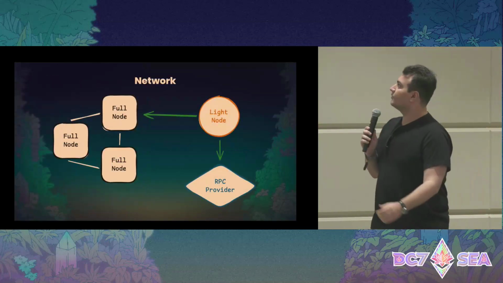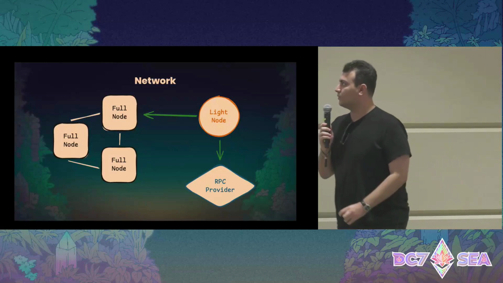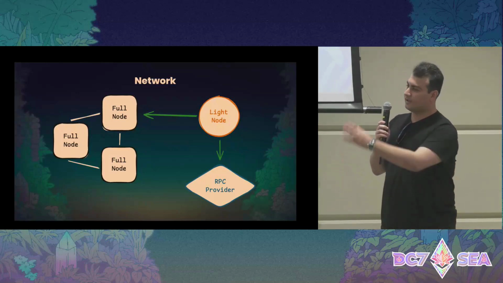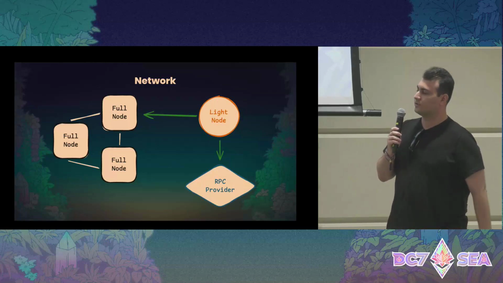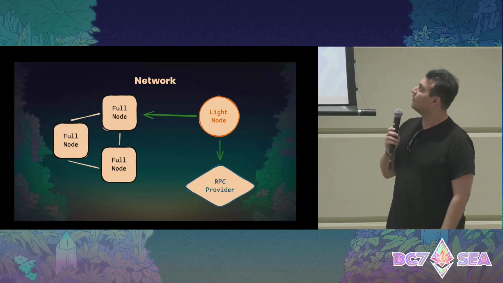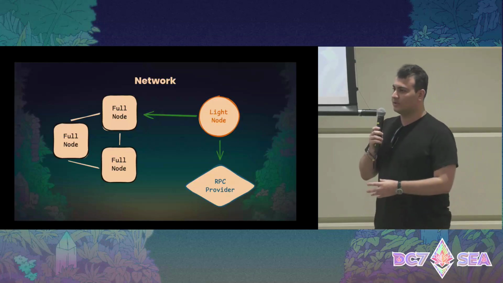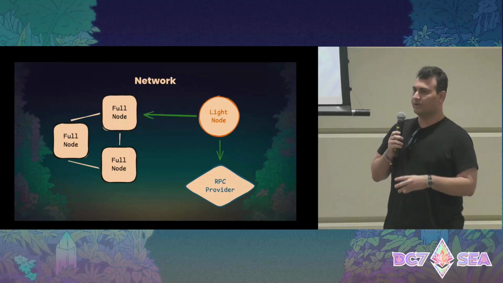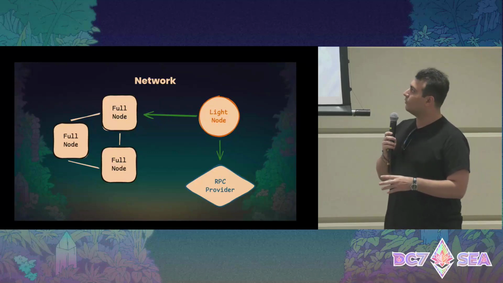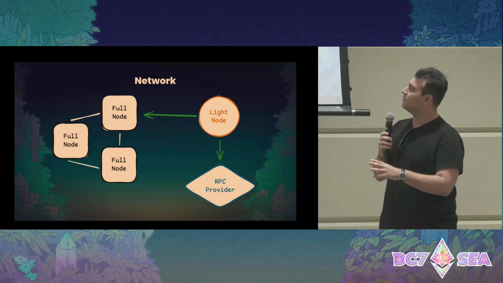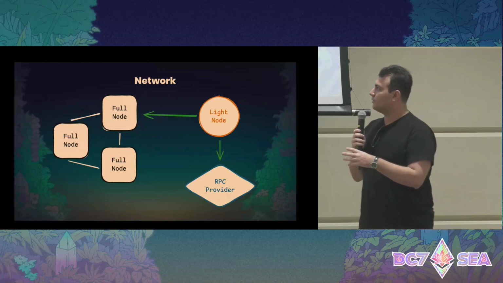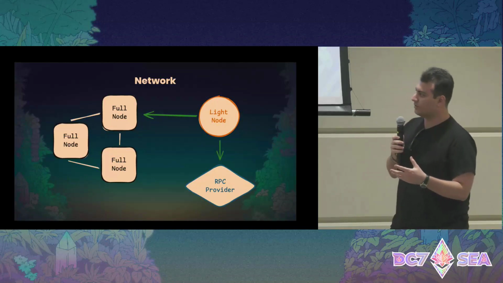How the network works right now is that we have this beacon network, where full nodes connect and talk to each other. We have a light node on the side, which asks one of the full nodes for these updates over and over again to stay synced. Then we have an RPC provider that we might not trust.